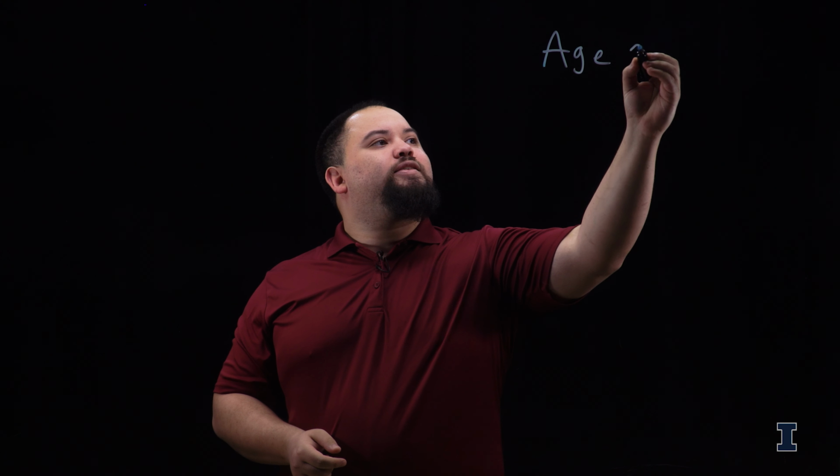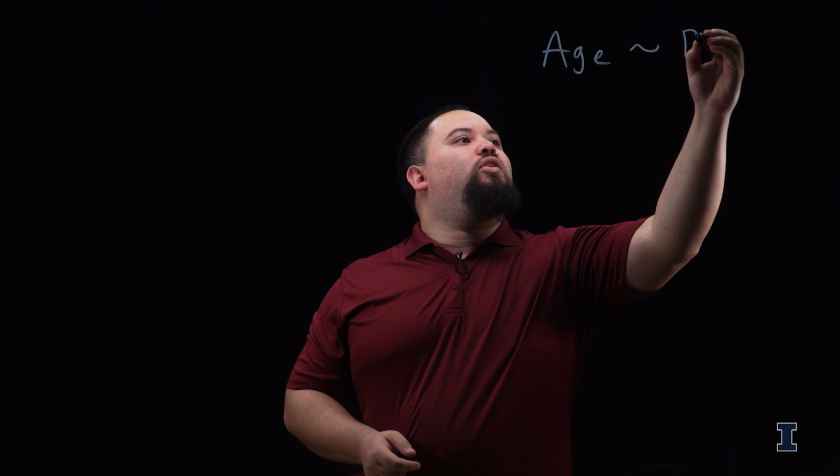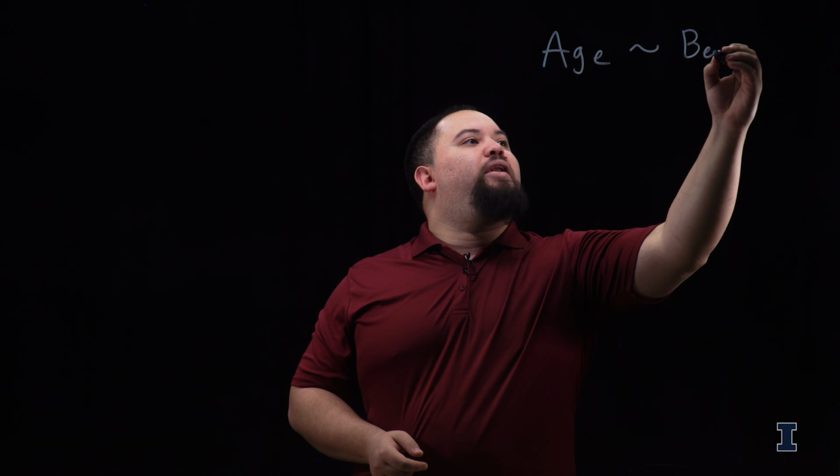With just 5 simple assumptions, we can make mathematical statements about how one variable affects the other. For example, let's say we're interested to determine how age affects insurance liability, which I'll call benefits.